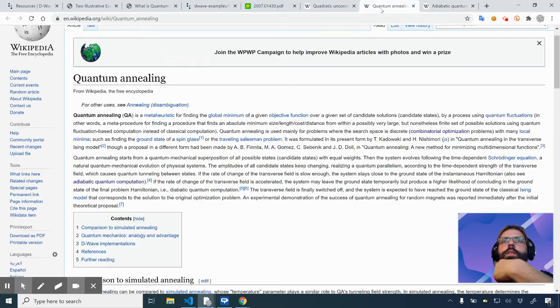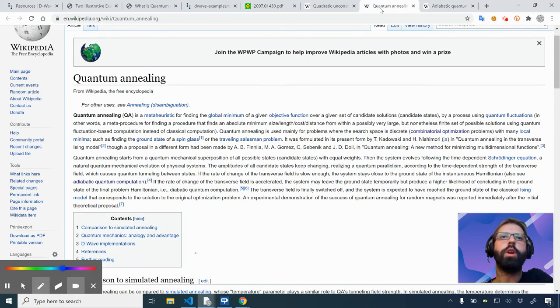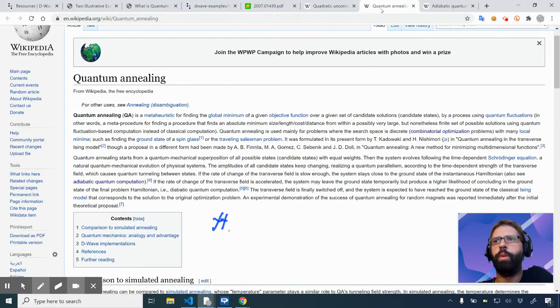So I think the idea is you start with an initial Hamiltonian, or a system that you know the lowest energy level of, which is basically if you have this pure superposition, you know there's just one minimum, right? Like actually any of the states is a local minimum, right?